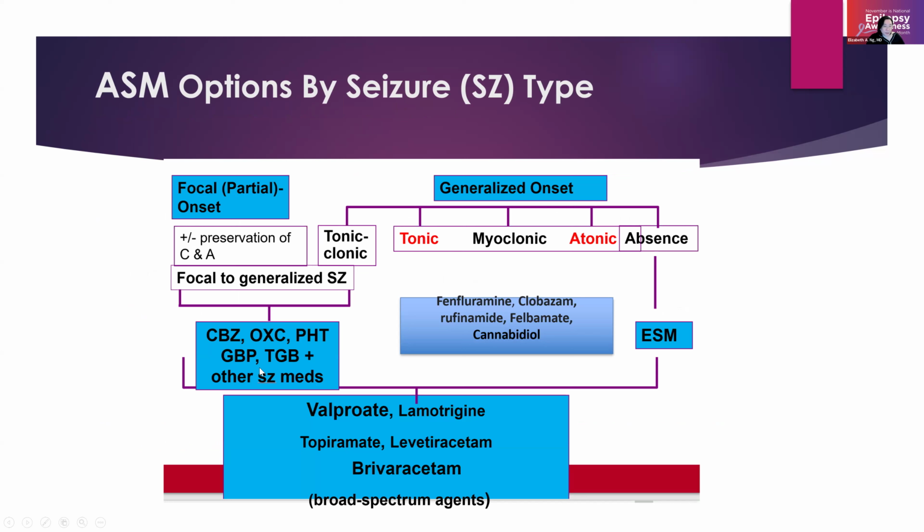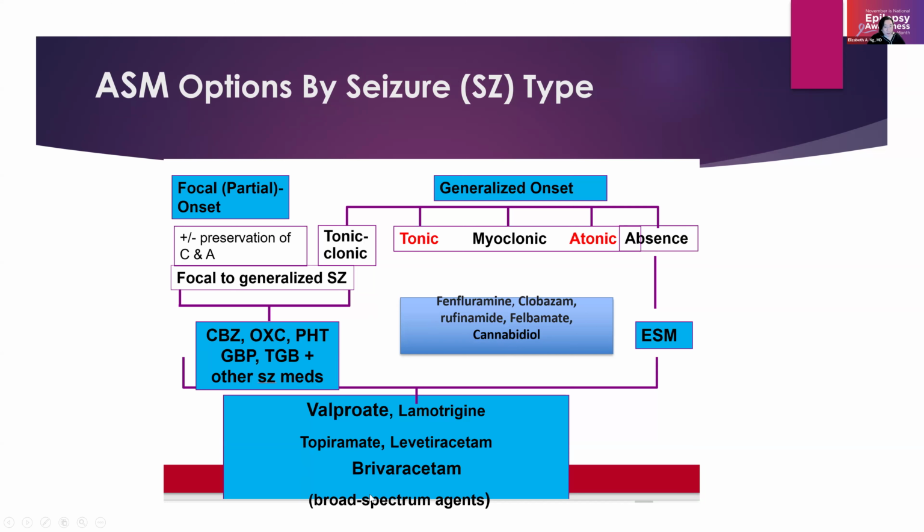And so these are the medications of choice for the focal onset seizures, like oxcarbazepine, gabapentin. And for the generalized onset, we have tonic-clonic, tonic, myoclonic, atonic, and absence. So here you see the medications of choice like fenfluramine, clobazam, rufinamide, felbamate, CBD that can be used for generalized onset. And for absence, we can use ethosuximide.